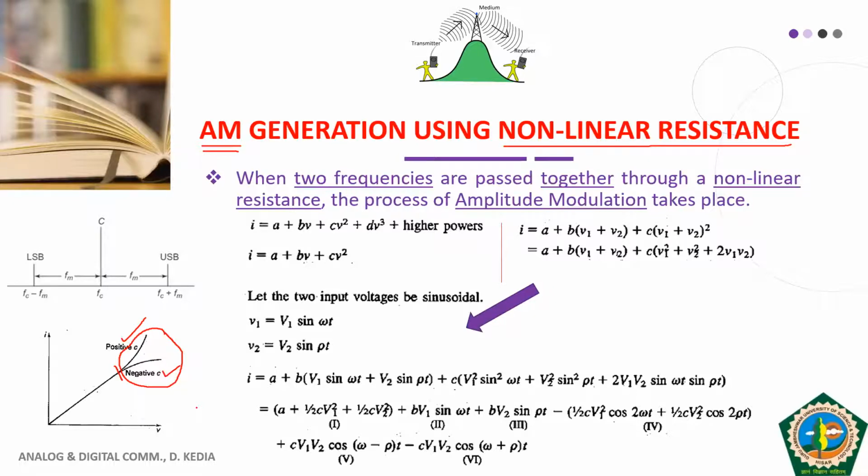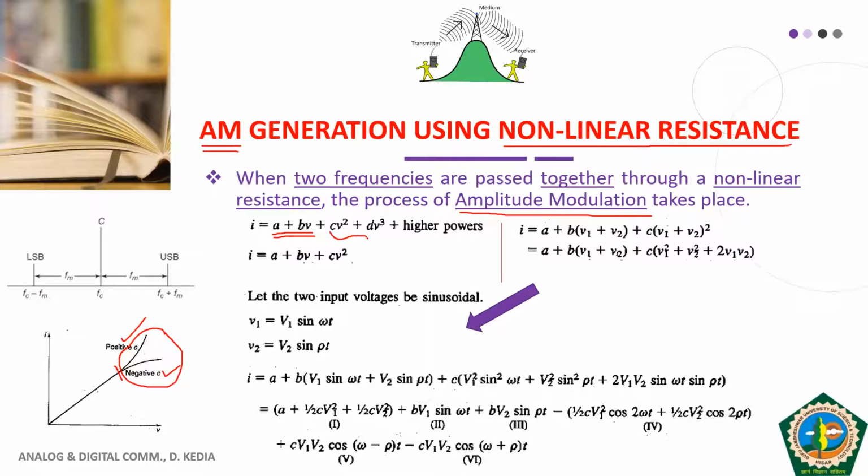Obviously, when we move into the non-linear portion, the process of amplitude modulation takes place, and we had discussed this in the previous class as well. In the linear portion, we have only the first power present.